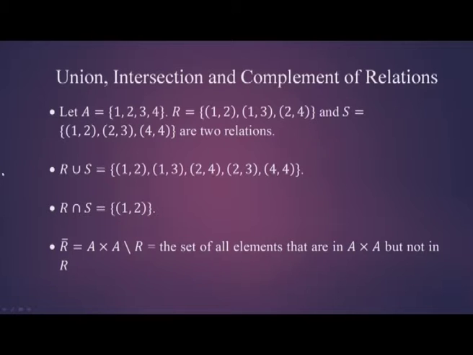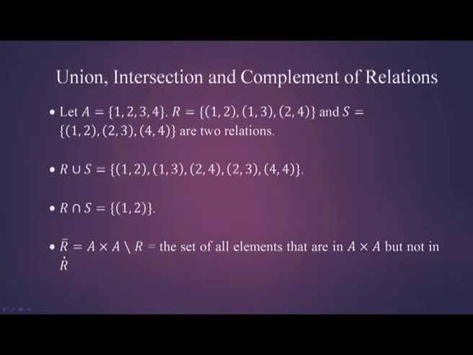Similarly, we can consider the relation R intersection S, and then we have to search for the common elements in R and S. We see that (1,2) is common in both R and S, whereas there is no other element which appears in both R and S. Therefore, R intersection S is simply (1,2).